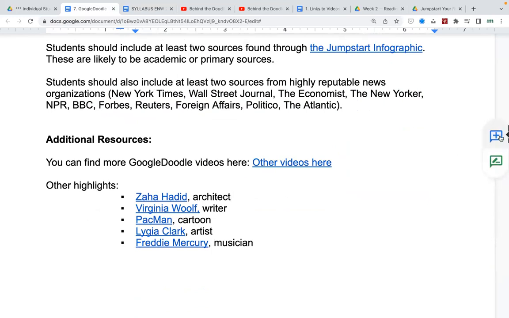If you want more guidance or just curious about who are the other figures that have been celebrated on these Google Doodles, here are a few. You could have fun with a cartoon figure. Maybe you want to profile SpongeBob for this Google Doodle. Google has done Pac-Man, so you could do SpongeBob.